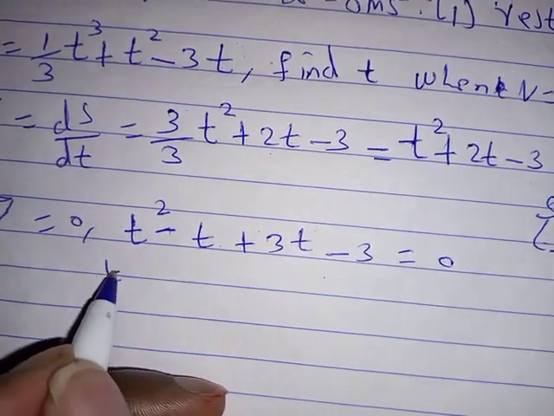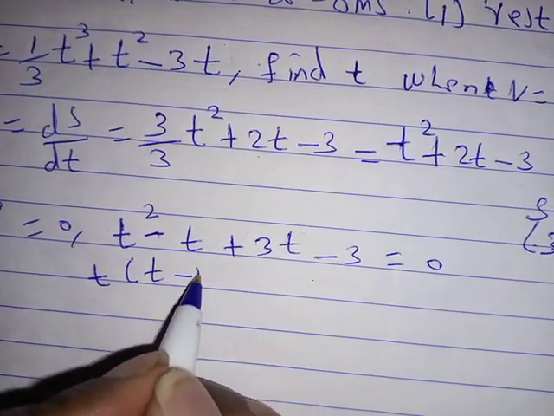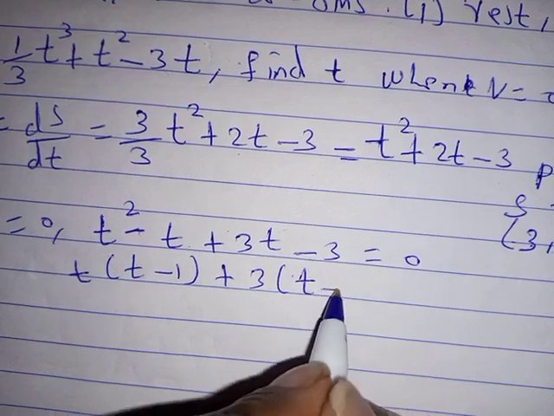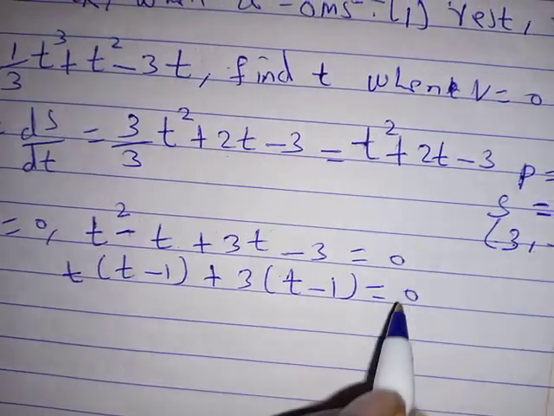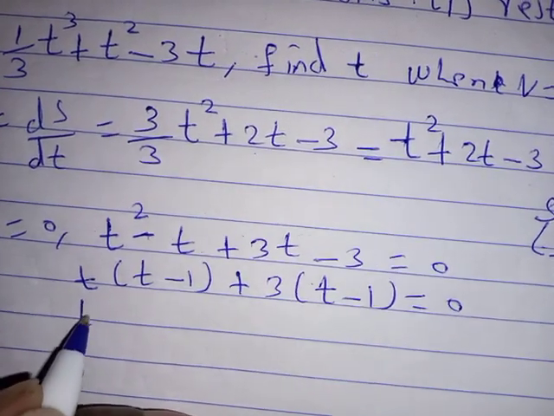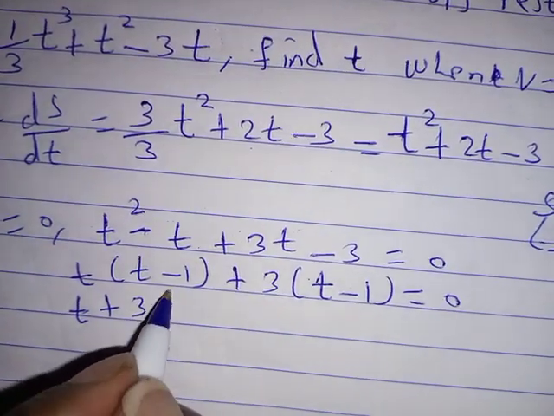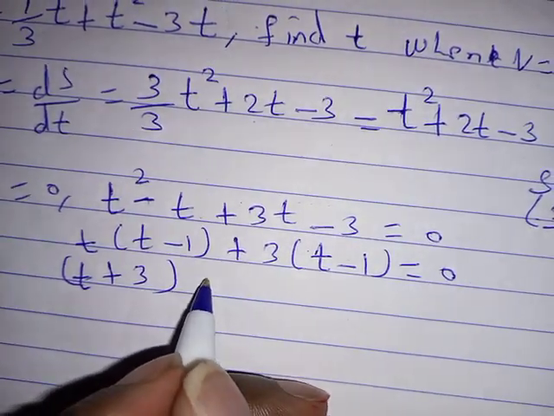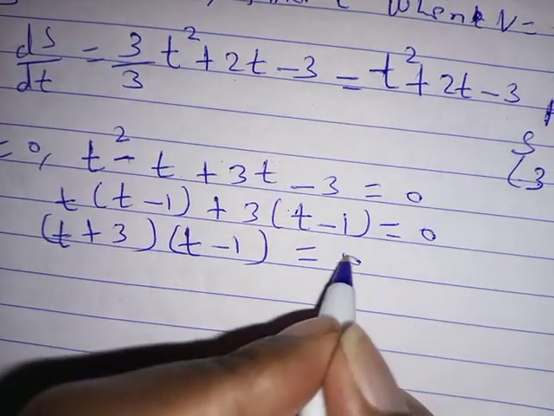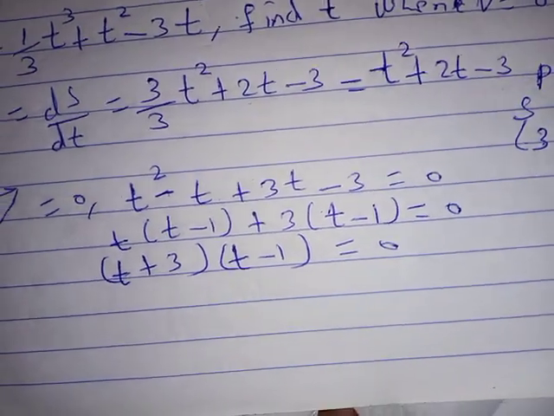So we factor t here, t plus 3 is common, t minus 1 is common, so we have t plus 3 into bracket t minus 1, which is equal to 0.